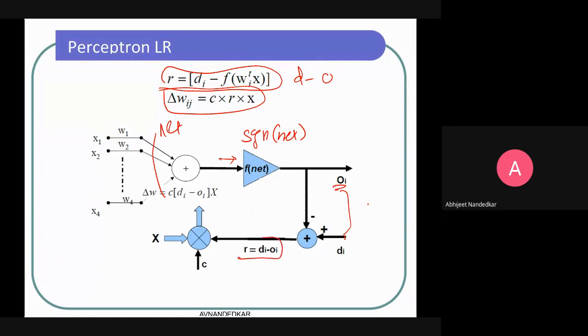So the error signal d minus o is computed. This gets multiplied with the input and the learning constant. So the change in weight in total is given by c into d minus o into x. So this is what the perceptron is doing.